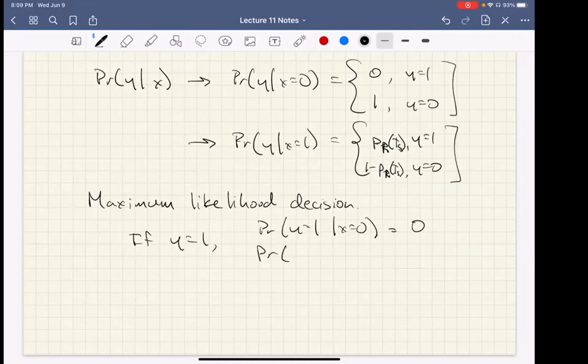And the probability that y equals 1 given x equals 1 is PRTS, which presumably will be greater than 0.